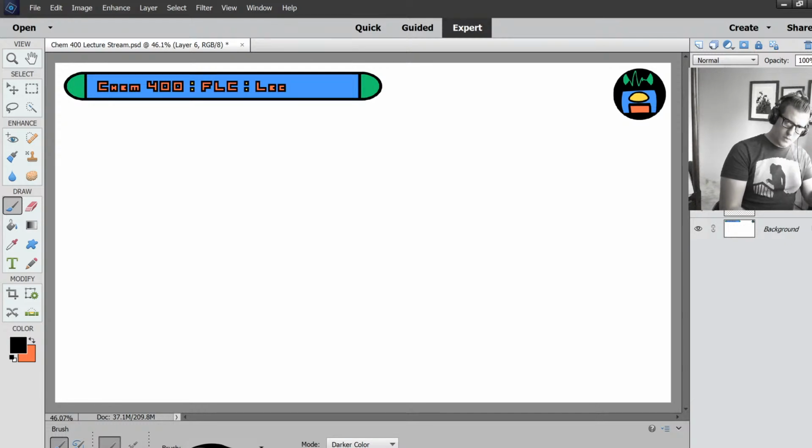However, we know that there are protons, there are electrons, and there are neutrons, right? There are 3 subatomic particles, and the number of neutrons can vary within a given element. And that leads us to a discussion of isotopes.